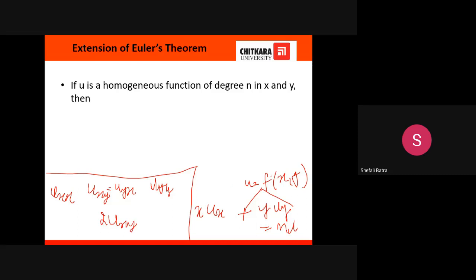ठीक है? In Euler's theorem, x को हम ux से multiply करते थे, first order partial derivative and 1 degree. यहाँ क्या है uxx, तो हम इसको multiply कर देंगे x square से, right? यहाँ uy first order derivative था, तो same ही degree से हमने इसको multiply किया. तो it means uy by किससे multiply होना चाहिए?